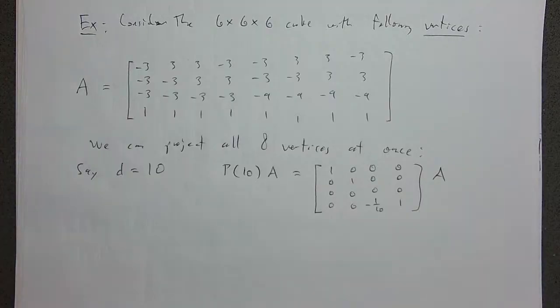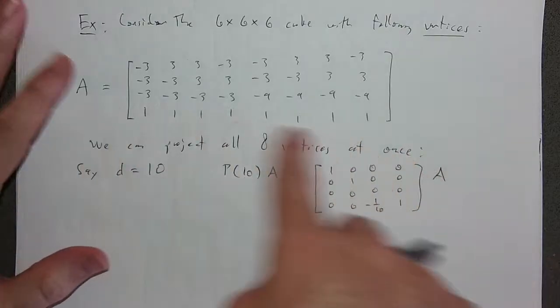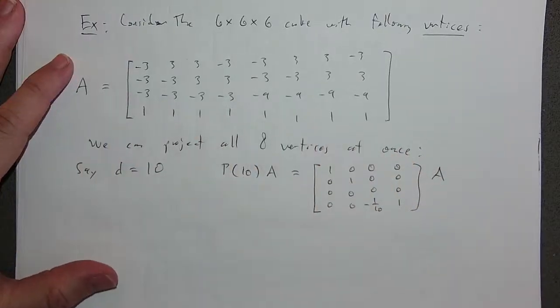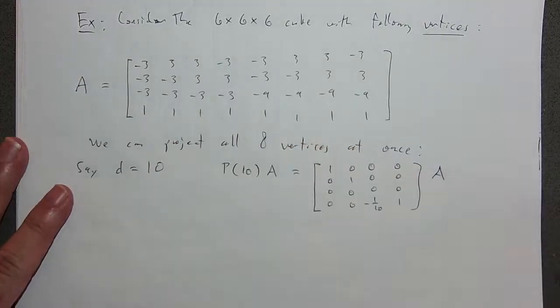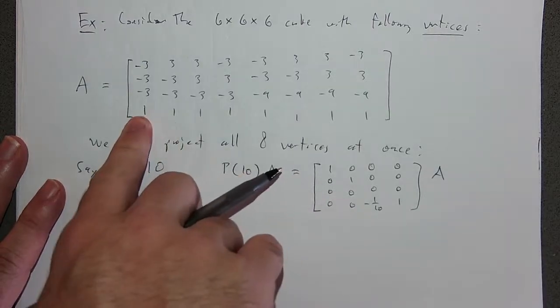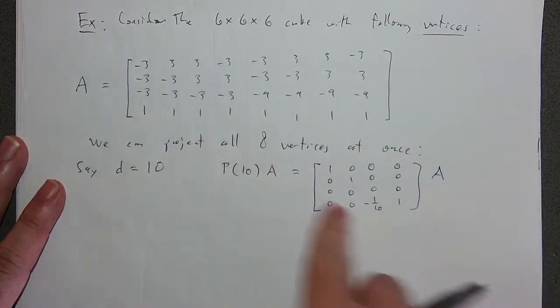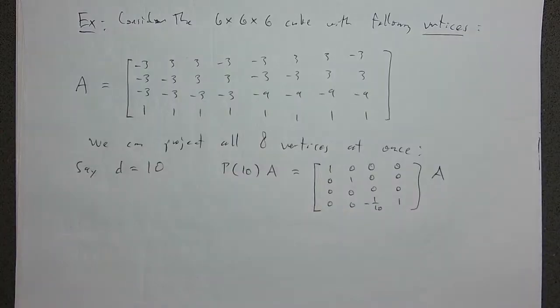I'm not going to do that multiplication. But if I did, each of these columns is going to have a different result, in terms of the last entry. For instance, this one might be like 1.3 after I do the multiplication, and the other one might be 1.9.